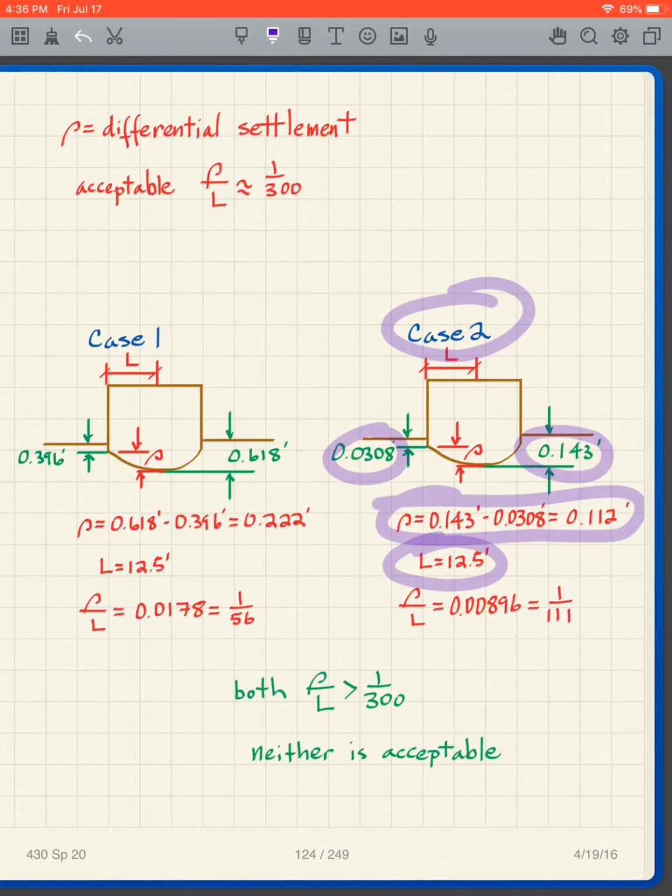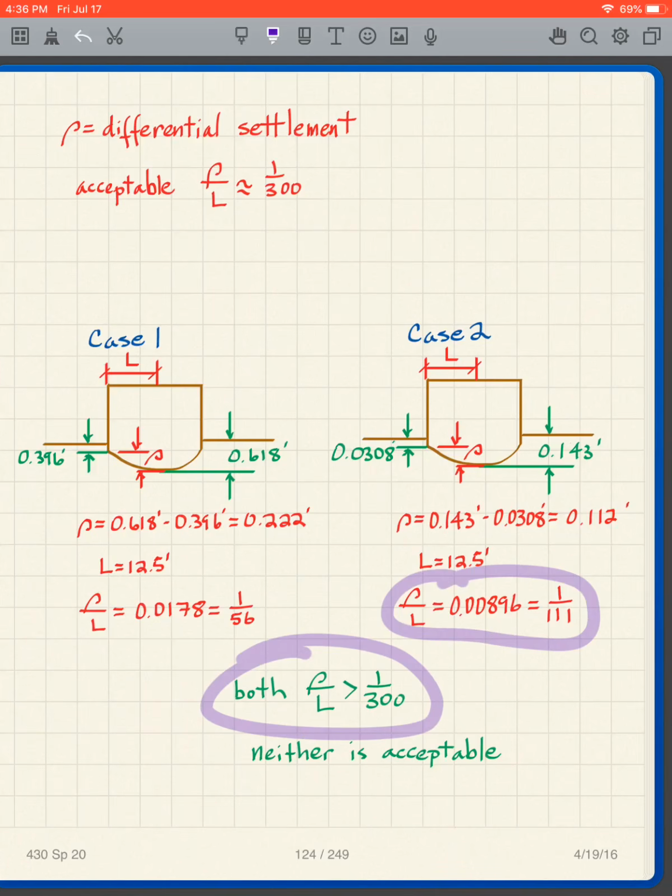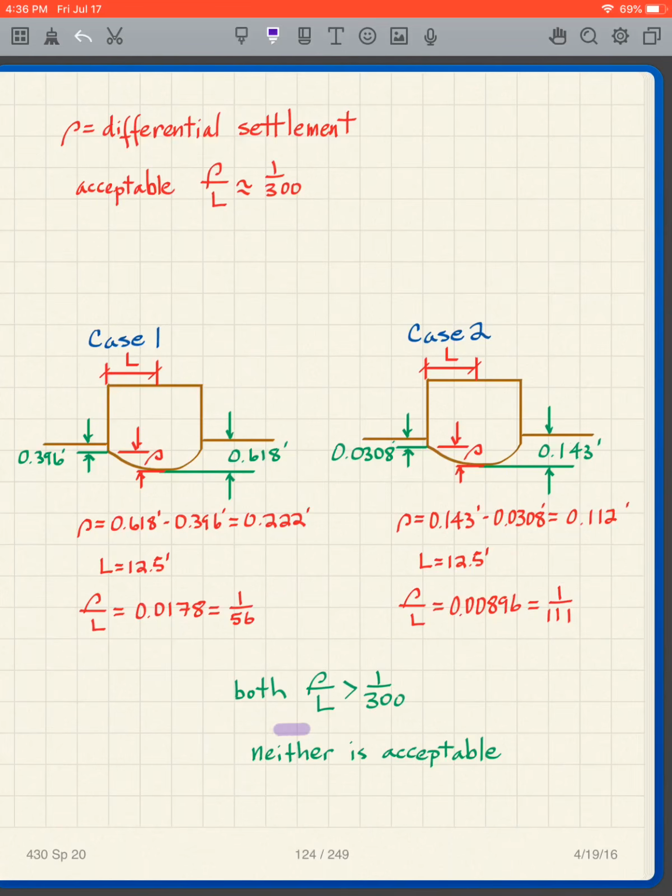The L is still 12.5 feet, and so I get a rho over L of 0.00896, which is 1 over 111. And we find that both rho over L is greater than 1 over 300. So using that standard, neither situation is acceptable.